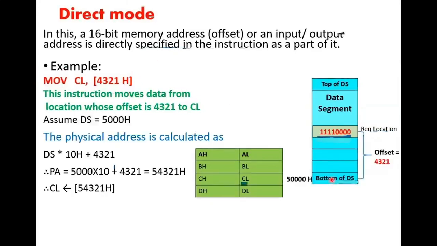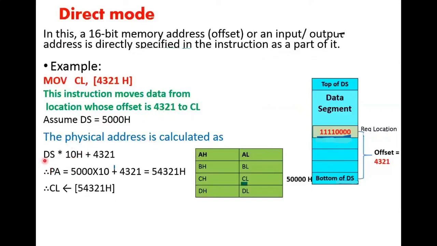In the next slide I have given how to calculate. The base address of the data segment, or we can say the segment address, is 5000. We assume that the data segment address is 5000 and the offset given is 4321, and we know the formula to calculate the physical address.